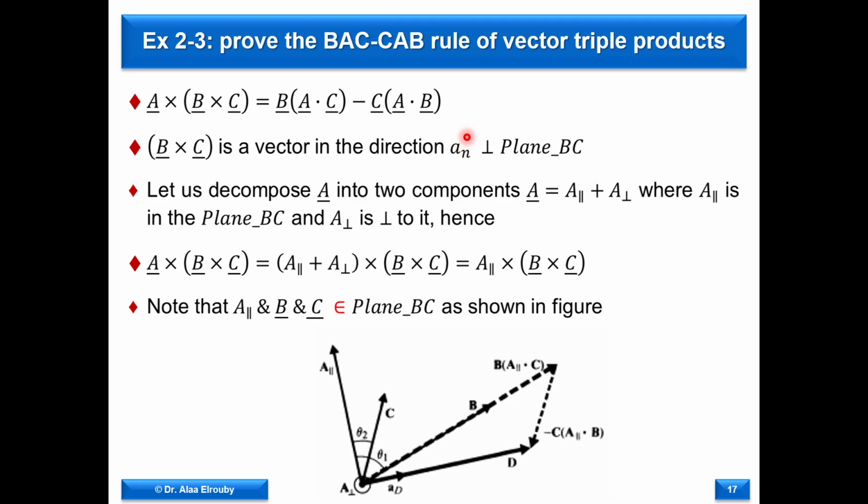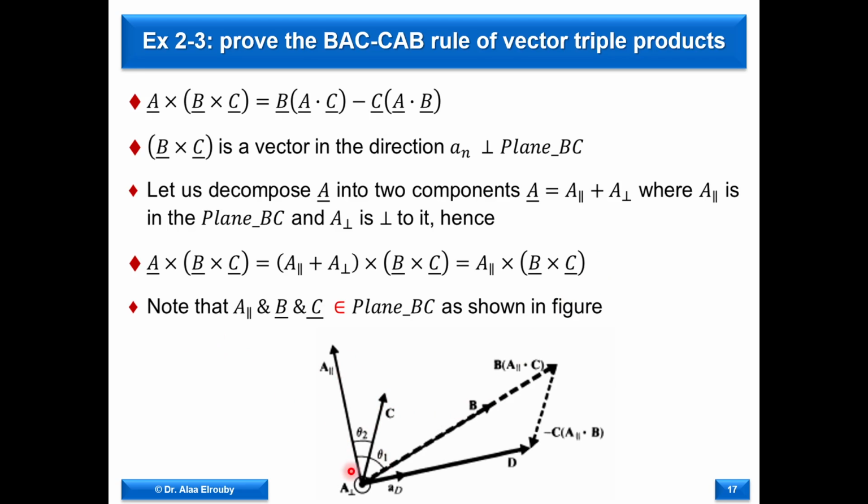So we have the relationship of the cross product for two vectors in the same direction equals 0. So this relation here, A cross the output of B cross C, would end up to be A parallel, which is a component in the BC plane, cross product with them.